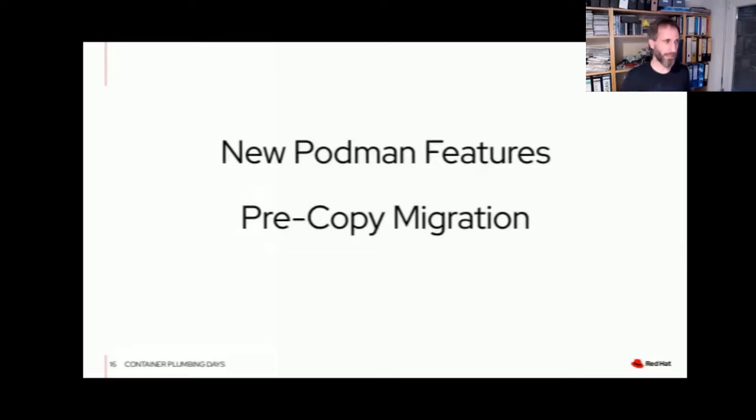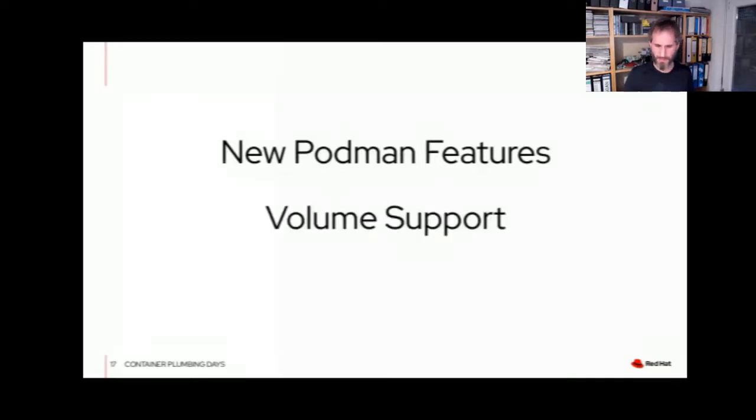Then the other thing which Podman now supports is volume support. I'm not sure what the correct name is, but if you have a container with, I think it's called an unnamed volume, so you do not mount a host directory into your container, but there's a volume defined in the container file. Before the feature was added into Podman, if you tried to checkpoint a container with a volume, Podman would just say, no, I don't know how to handle this.